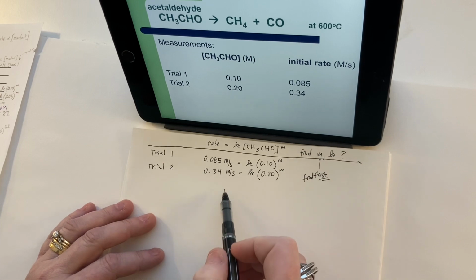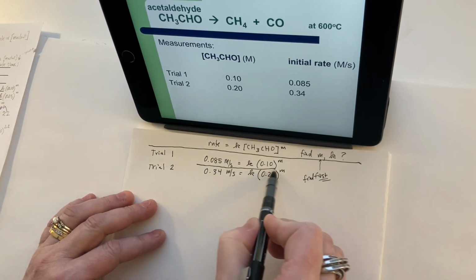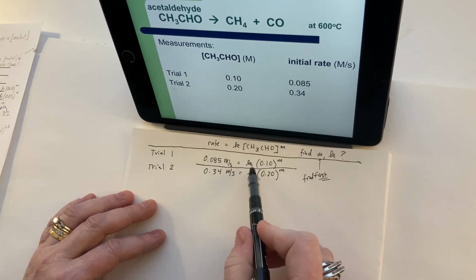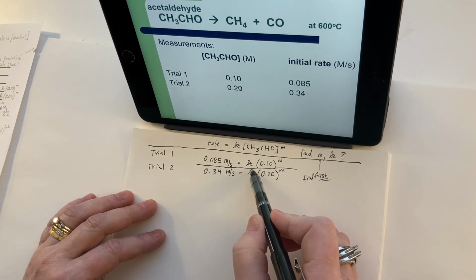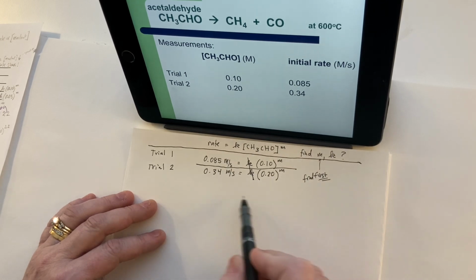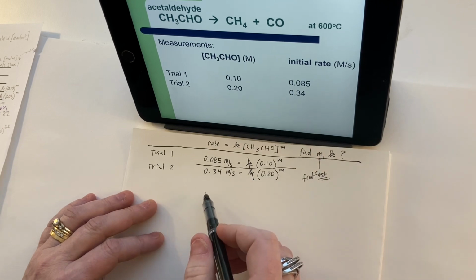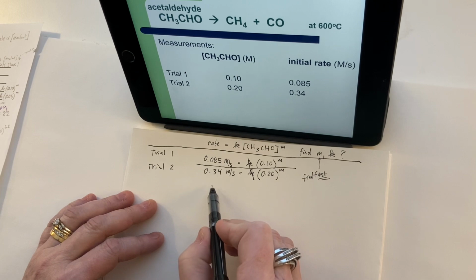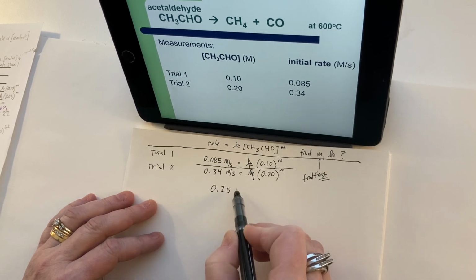Okay, let's see. I've got to combine the equations. Well, one way to do it is to divide both equations. That has the wonderful advantage that k divided by k is just 1. So now I'm going to end up with 1 equation with 1 unknown. That's fantastic. So 0.085 divided by 0.34, well, that is just 0.25.